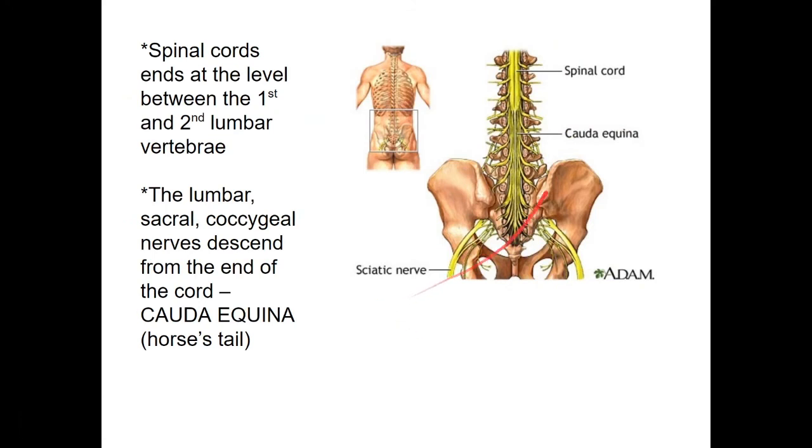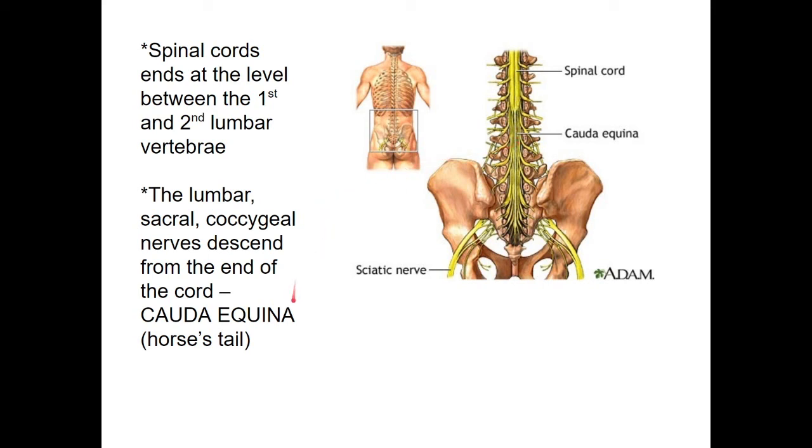So when we zoom in, the spinal cord will actually end between the first and second lumbar vertebrae. So this would be L1 and this would be L2. And this is the end of your spinal cord itself. From this point on, instead of being one whole cord, they're more like individual strands of hair.